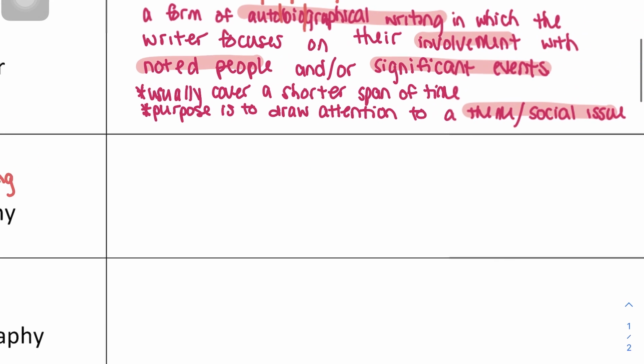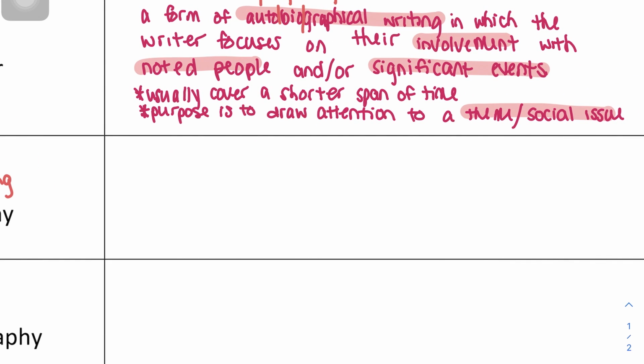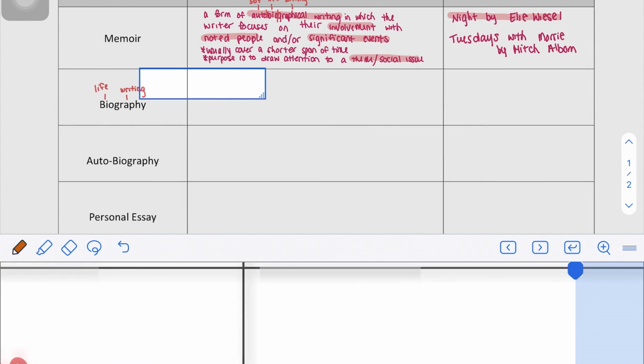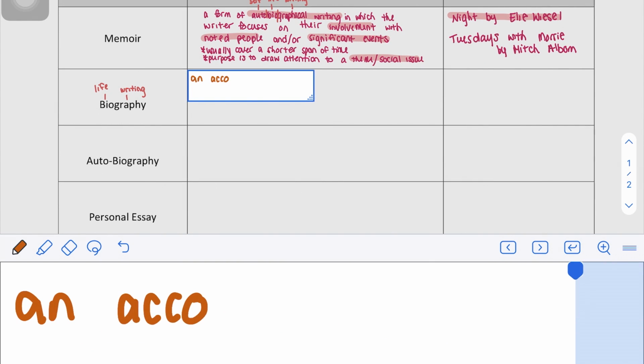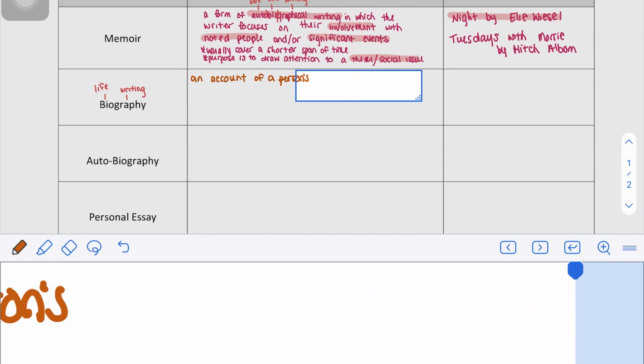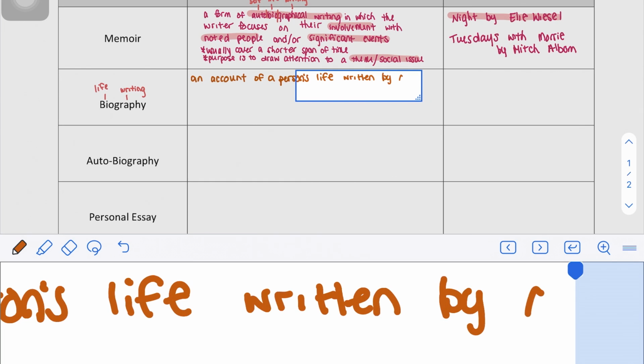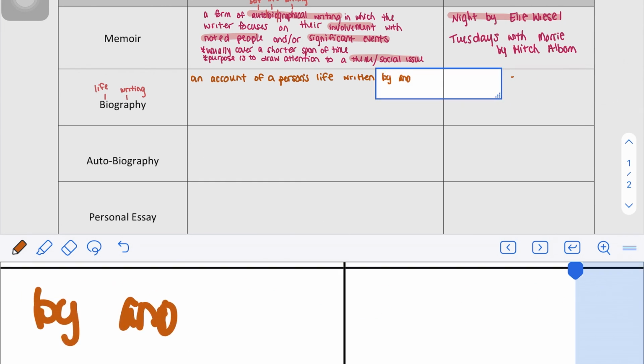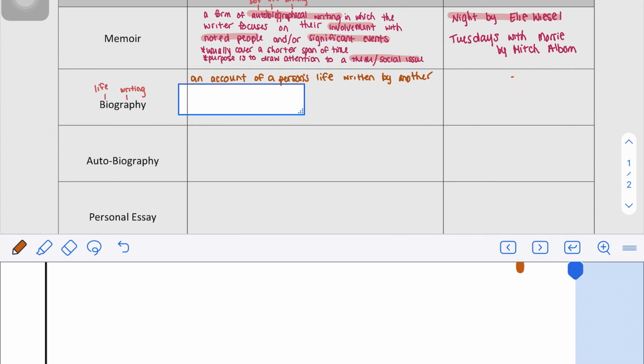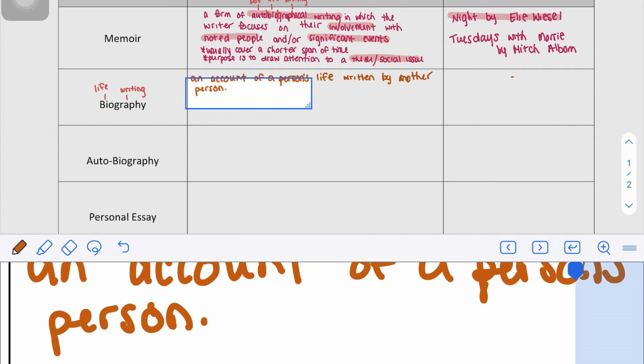Biographies can include literary techniques to help tell the story of another person's life. So it's an account of a person's life written by another person. It's told from third person point of view. And the writer of a biography usually researches their subject in order to present accurate information.